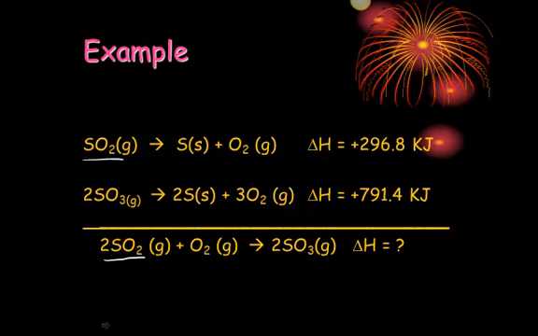It's on the correct side, but it's not the correct quantity. So in order to get the correct quantity, I need to multiply that entire reaction times 2. And since I multiplied the reaction times 2, I also have to multiply the delta H times 2. So my delta H is going to be 593.6, and that's a positive value.